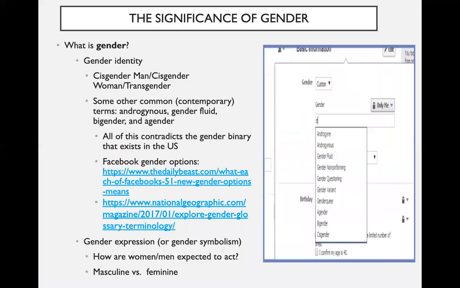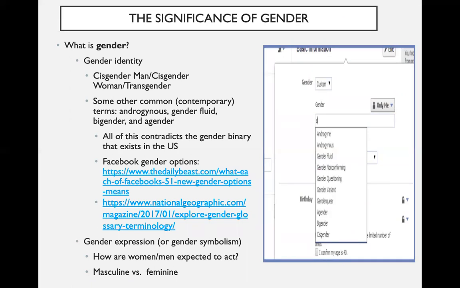So let's talk a little bit more about this term gender. So this is gender. This is the socially constructed categories that we associate with the biological physical sex.